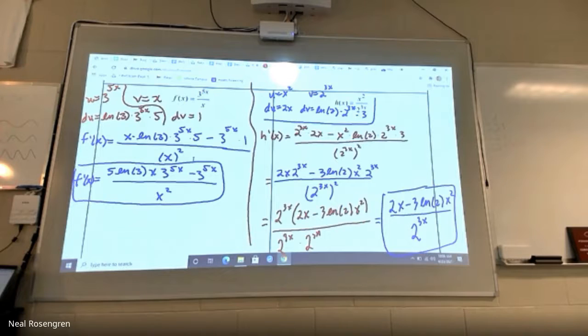I like to do that. You don't really have to. But you see, I left it factored, the 2 to the 3x squared, rather than calling it 2 to the 6x. Allowed me to factor and pull it out a little bit easier. Again, this is pushing the envelope for sure in terms of difficulty.